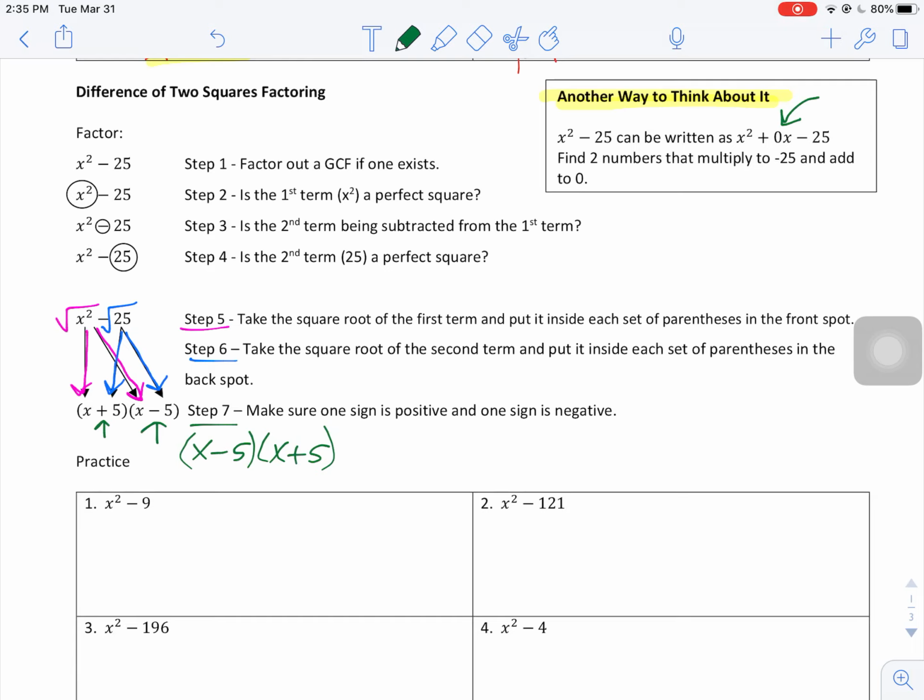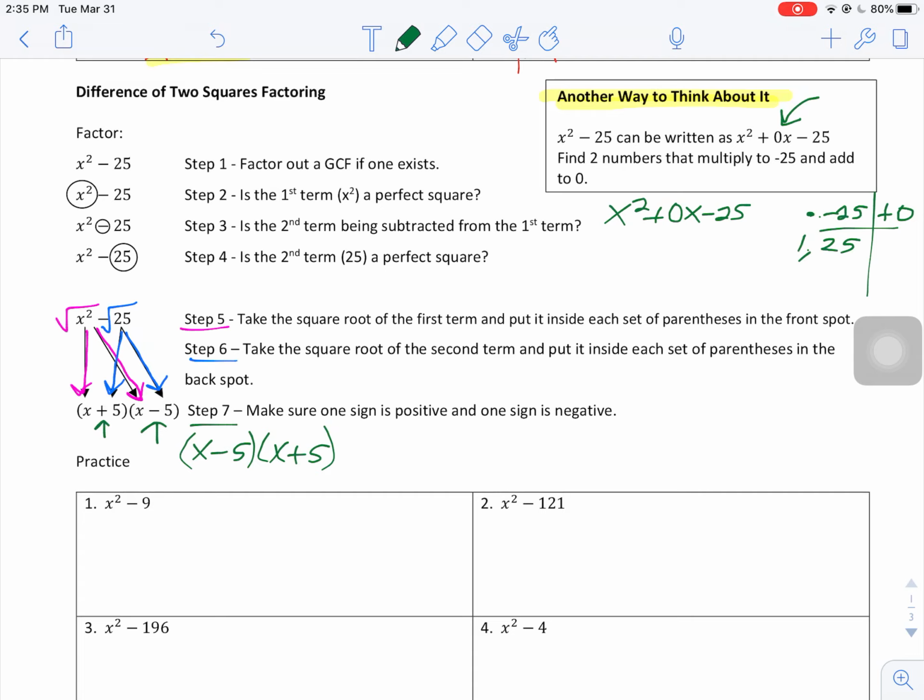So if you were doing it this way, you'd basically be saying what two numbers multiply to negative 25 and add to 0. So if you follow our same logic from our basic trinomial factoring lesson, I would do 25 divided by 1 is 25.